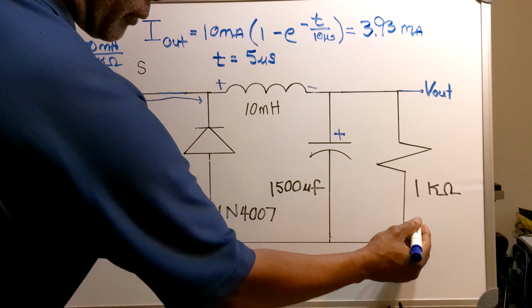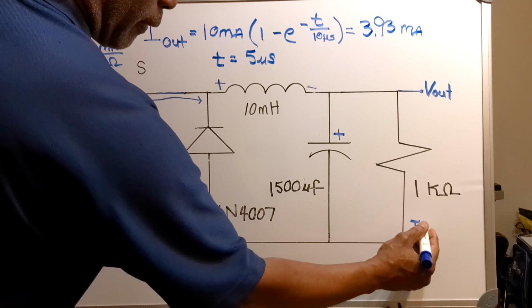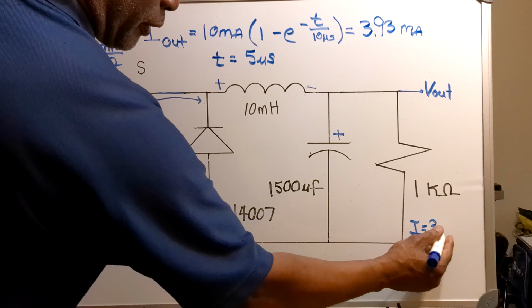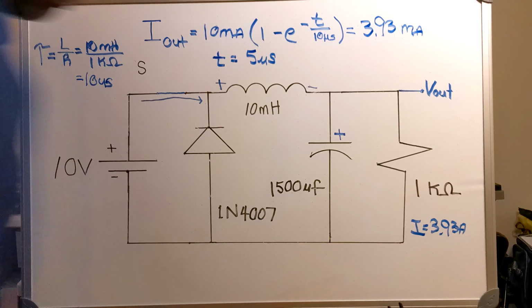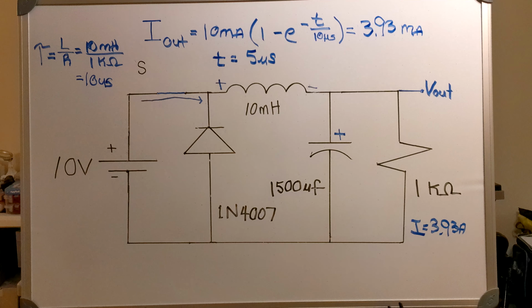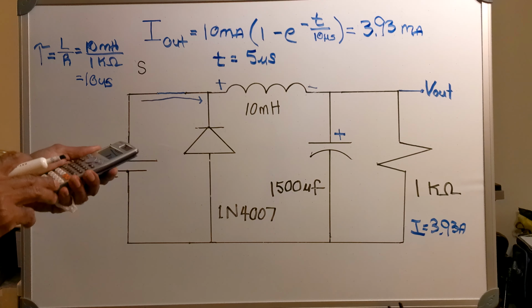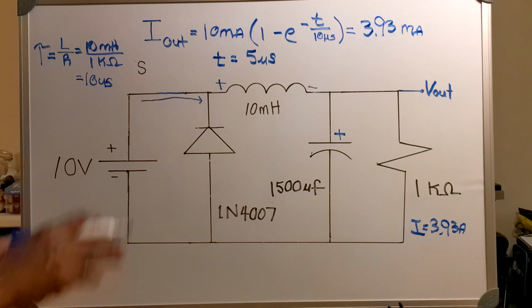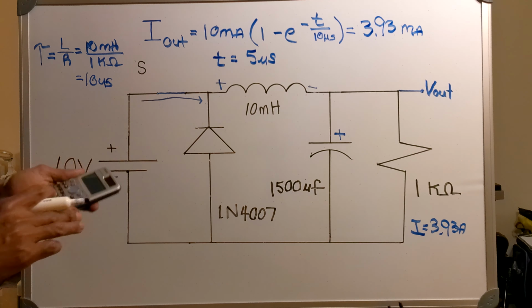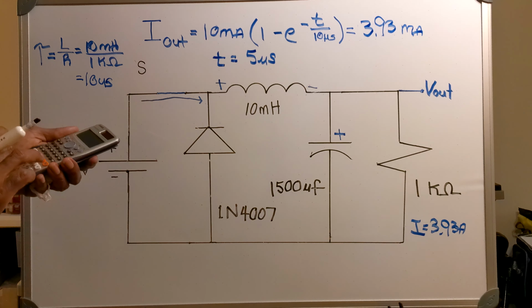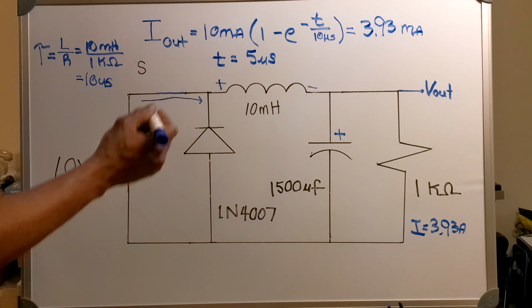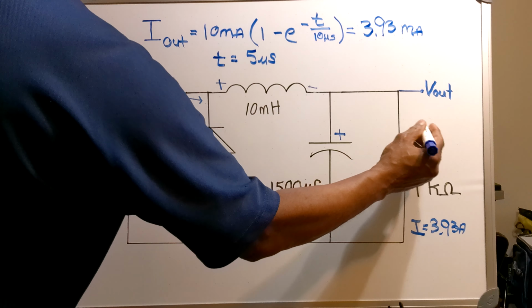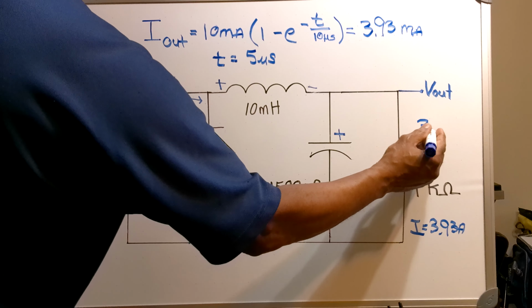Okay? So my voltage is 3.93 milliamps multiplied by 1 k ohm. And my voltage equals 3.93 volts.